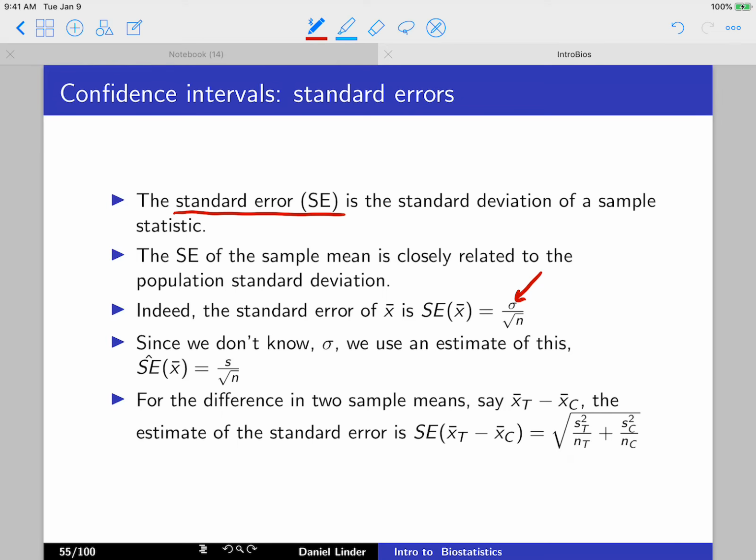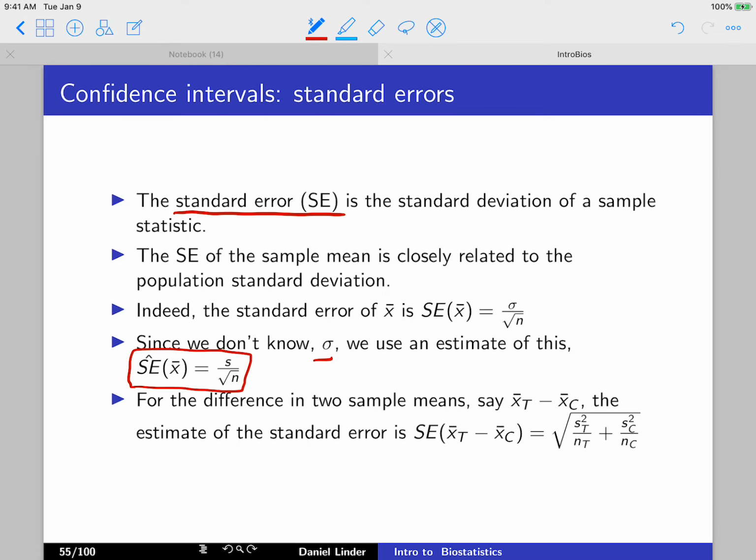So since we don't know that, we have to go through a different route in order to talk about the standard error of x bar if we want a good estimate of that. So since we don't know sigma, we'll typically use an estimate of this.